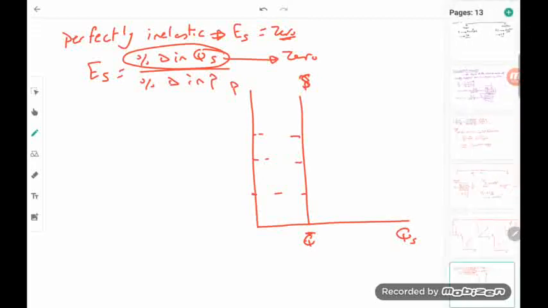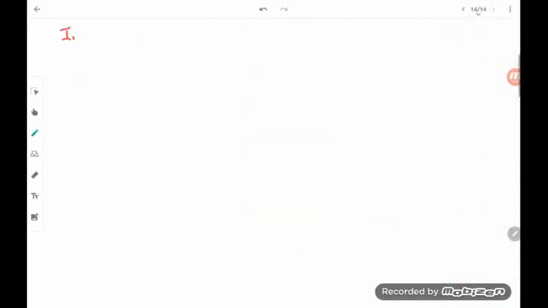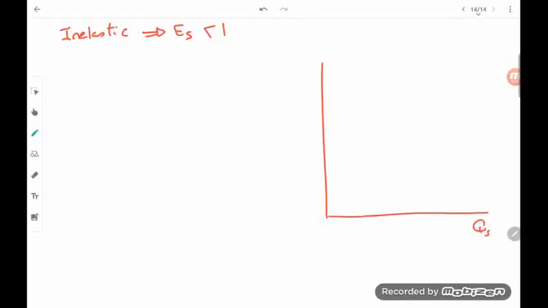Case number 2, inelastic supply. Inelastic means elasticity of supply is less than 1. This is the supply curve.